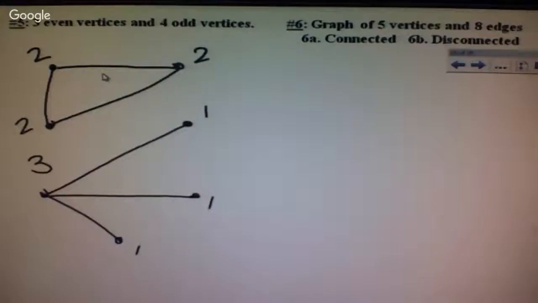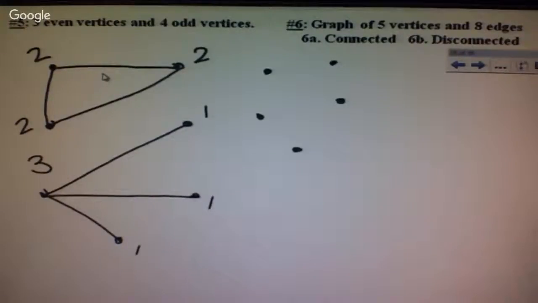Okay. Number 6. They want to know if you know the difference between connected and disconnected. So same criteria for both. It's just one's connected, one's disconnected. So I need 5 vertices: 1, 2, 3, 4, 5. If it's 5 vertices and it's connected, make it a circuit.